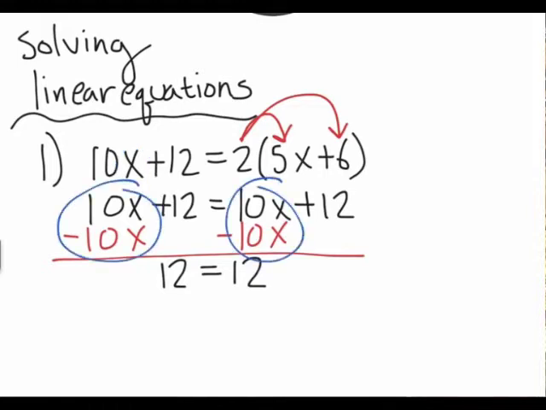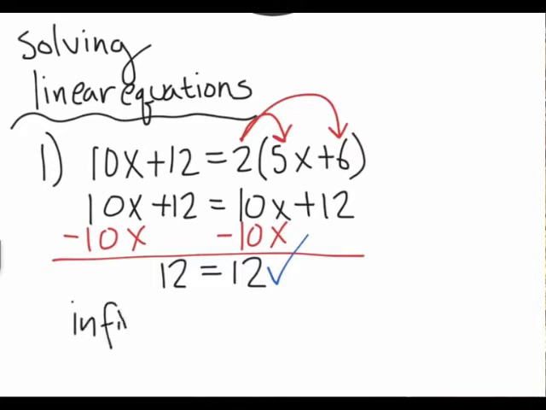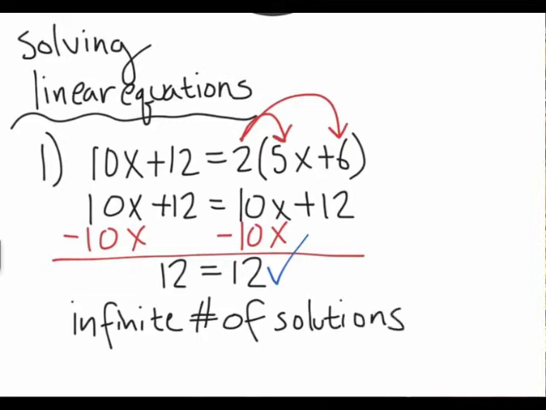So the unknown disappears, leaving us with a statement that is true. Now what this means is that there is an infinite number of solutions to this equation. Any value that we stick in for x will make the original equation true.